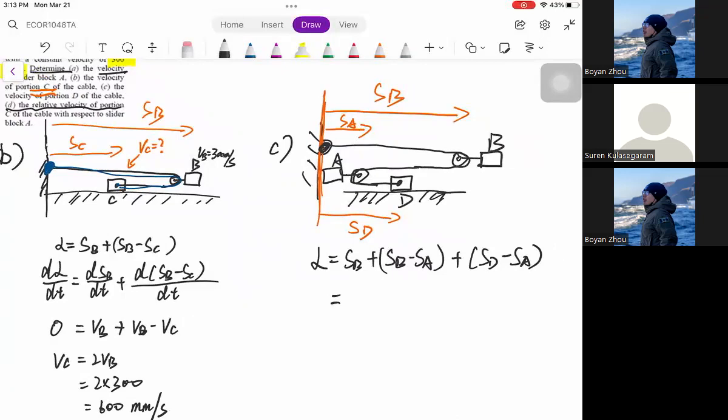And then just like before, we're going to take the derivative on both sides.